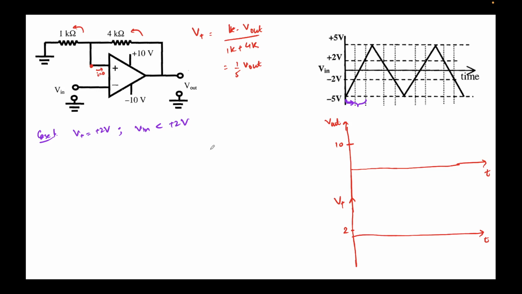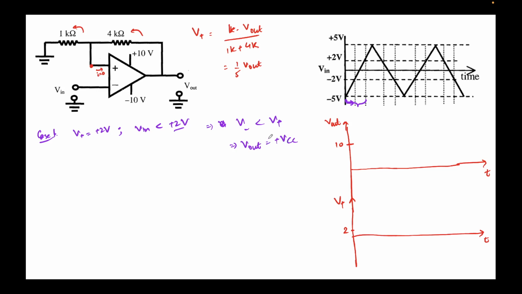So this is the case, and this implies that V in is V minus, so V minus is less than V plus. V in is less than plus 2 volts and V plus is plus 2 volts, right? So we can say this implies V out would be plus VCC. That's the response of a comparator.